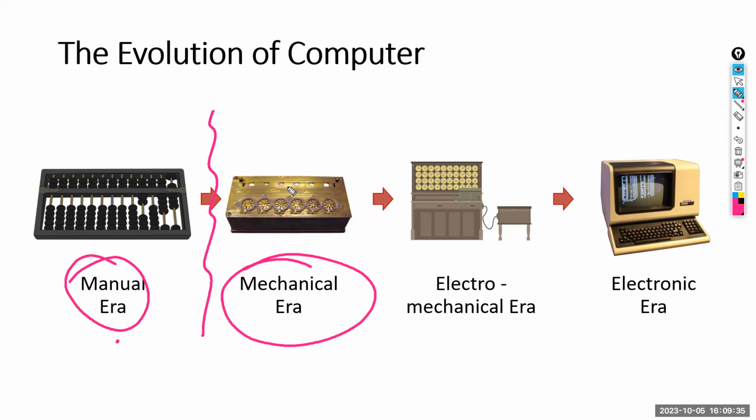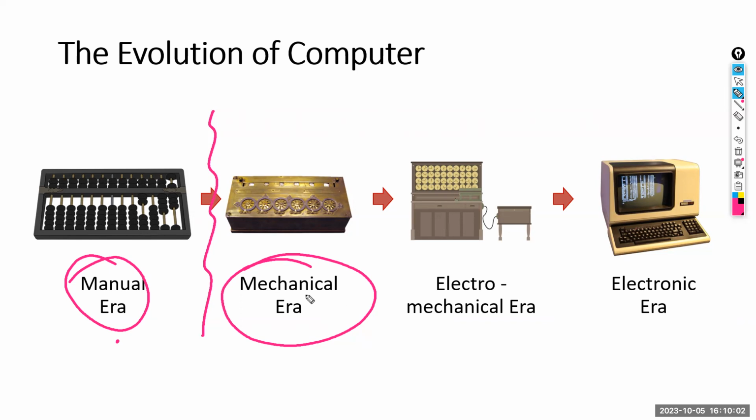Now we have general purpose computers which do calculations, word processing, graphic processing, image, audio, video, and everything. But until around the 1940s, 50s, when we say computer, it was doing like a calculator. Those are some things you have to understand while learning this topic.